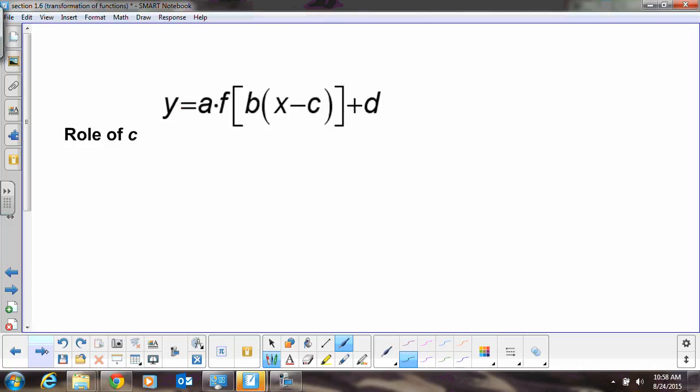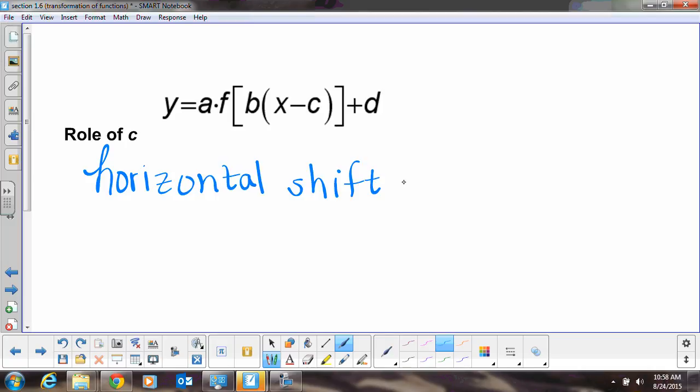All right. Now the role of C, you all know. What does C do? Horizontal shift, opposite as it appears, correct? Opposite as it appears.